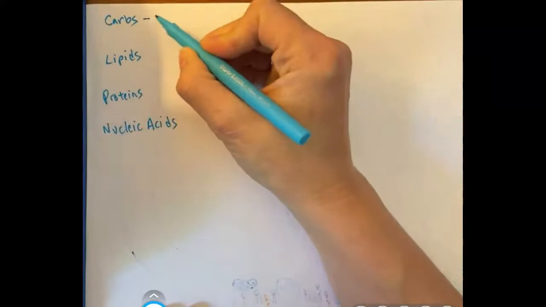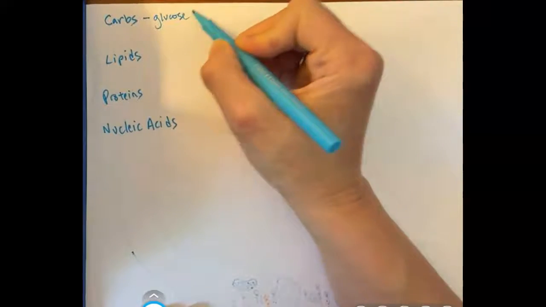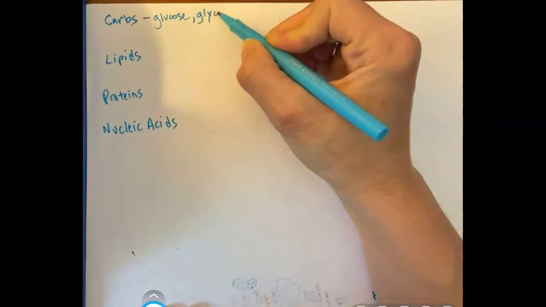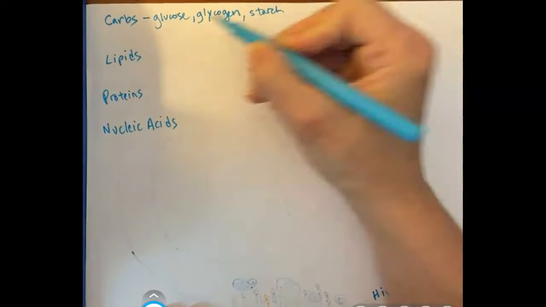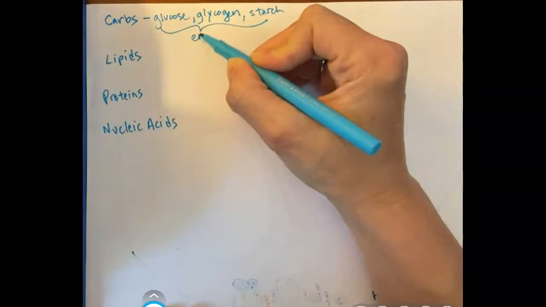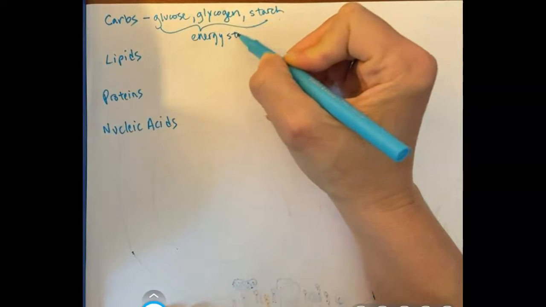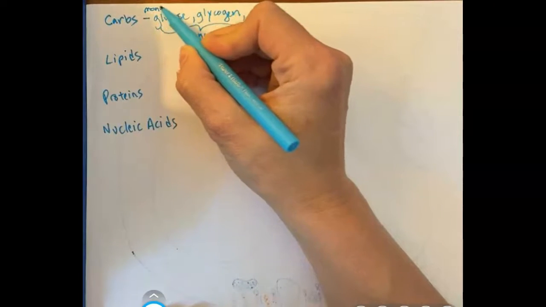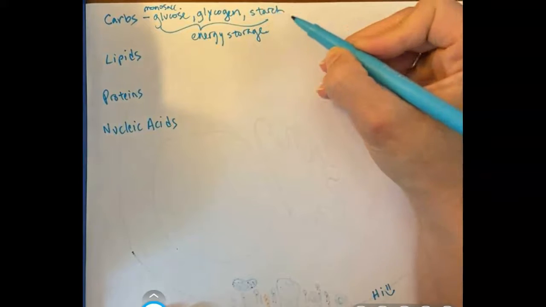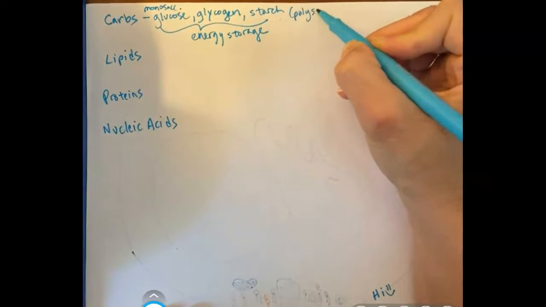So for carbs, I could think about glucose or glycogen or starch, right? And these are all used for energy storage. Glucose is a monosaccharide. Glycogen and starch are polysaccharides, or many monosaccharides glued together.